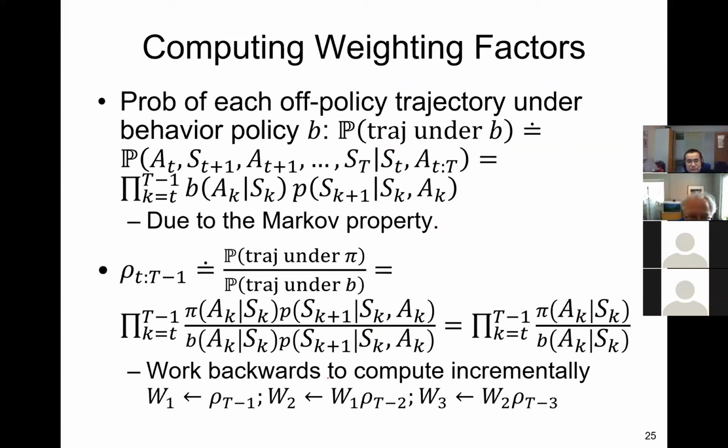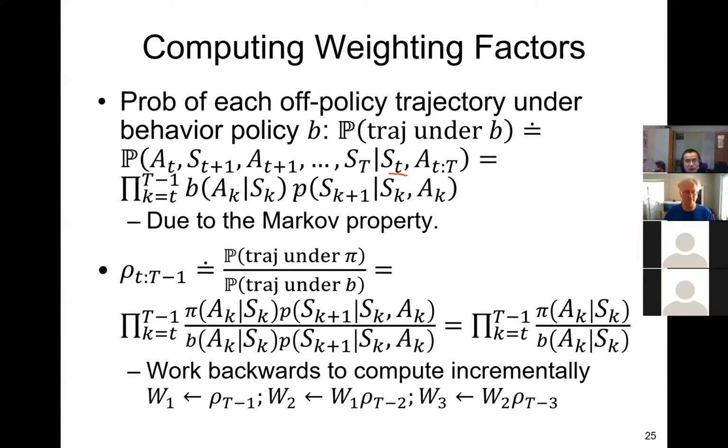Coming back to reinforcement learning, we define a trajectory over behavior policy B as the sequence starting from S_t and the sequence of actions, and the probability of the sequence of actions and states.